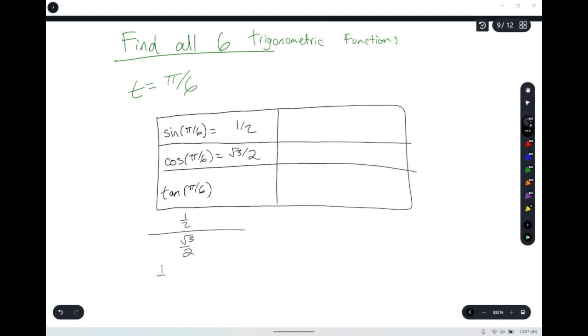Keep the top. Change division to multiplication. Flip the bottom. Cross out the 2. You're left with 1 over root 3, which is the same thing as root 3 over 3.